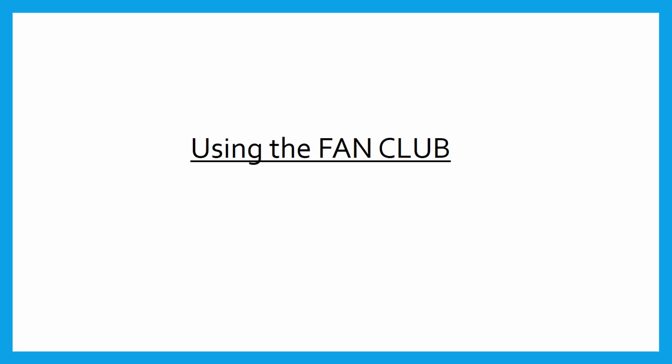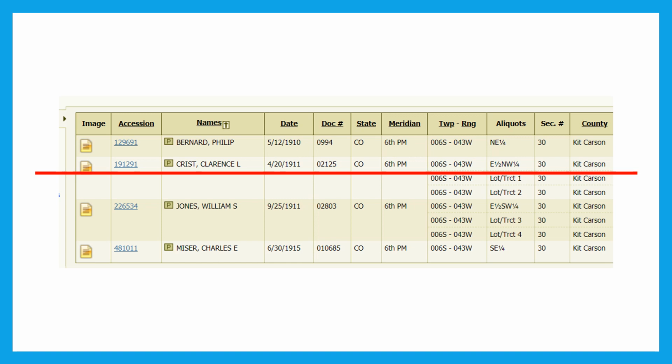Families moved together, helped each other farm, they married each other, they married their neighbors. Using the fan club can provide insights into your family that may surprise you. I know quite a bit about Clarence L. Christ and his homestead in Kit Carson County, Colorado, but I wanted to find him in the tract books.